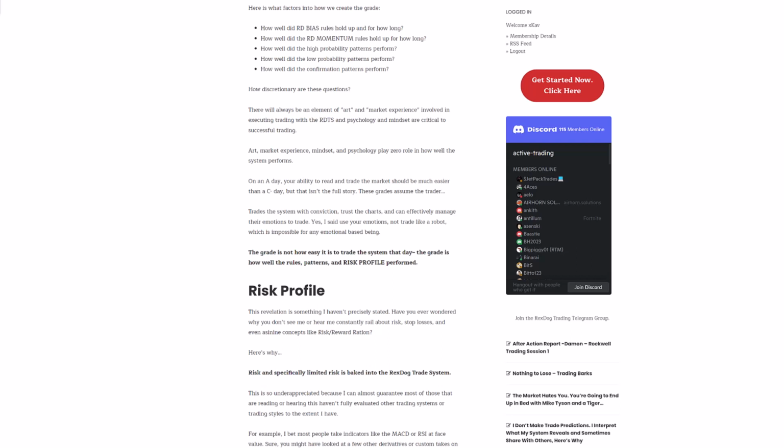These grades assume the trader trades the system with conviction, trusts the chart, and can effectively manage their emotions to trade. Yes, I said use your emotions. You can't trade like a robot. We're humans, so it's impossible because we're emotionally based beings. So to recap, the grade is not how easy it is to trade the system that day. The grade is how well the rules, the patterns, and risk profile of the RDTS performed.